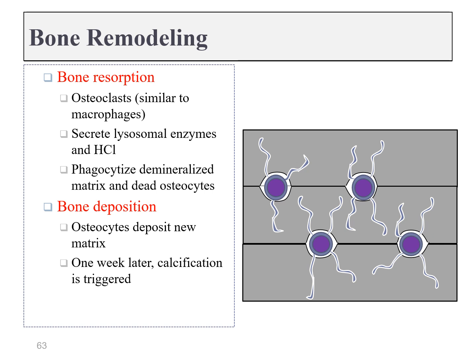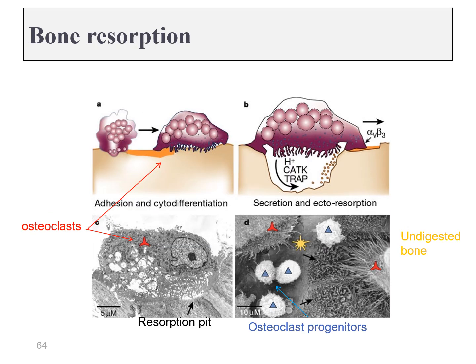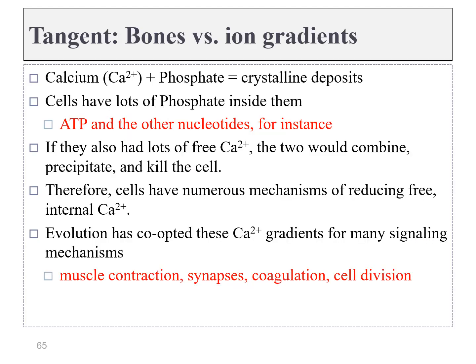This should ensure that bone tissue remains healthy and that these microfractures do not build up. Here are a few cartoons of osteoclasts in action. They can secrete hydrochloric acid and some digestive enzymes to digest bone tissue, releasing calcium back into the bloodstream.